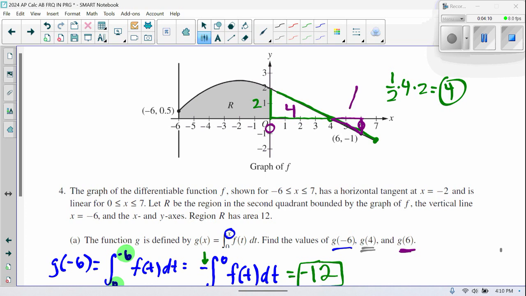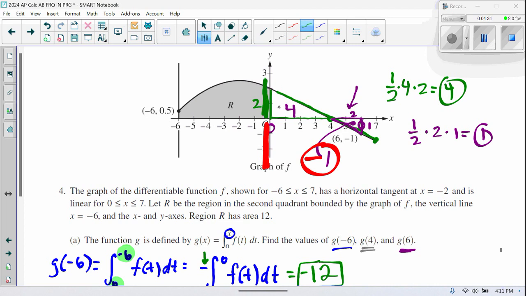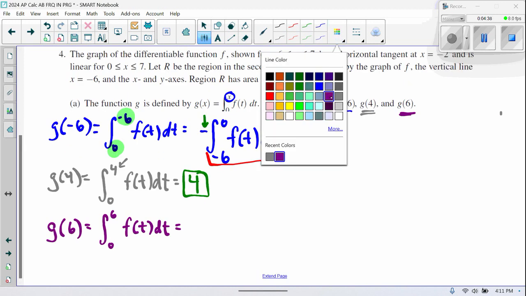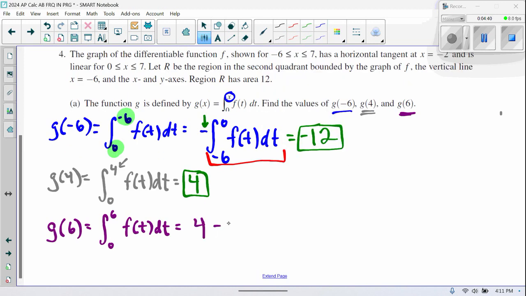But what's this triangle down here? This is a base of 2 and a height of 1. So it's 1/2 times 2 times 1. That is 1. Don't forget, this area is negative because it's below the x-axis. Anything below the x-axis should be negative. Anything above the x-axis should be positive. All right? So I technically have a +4 and a -1.